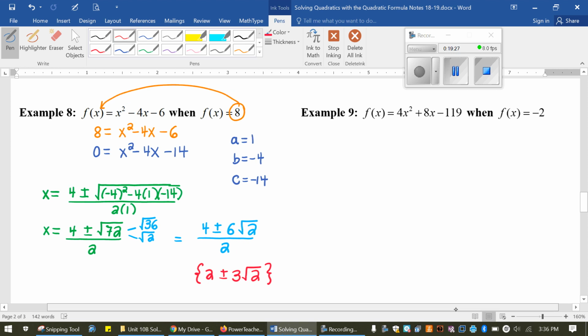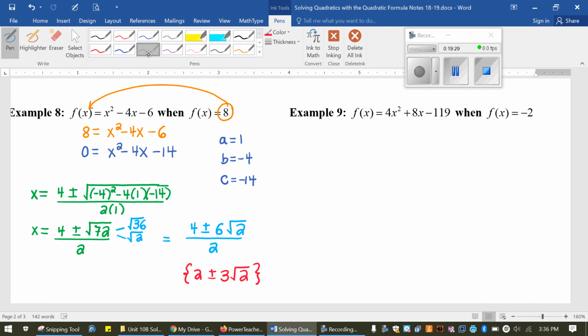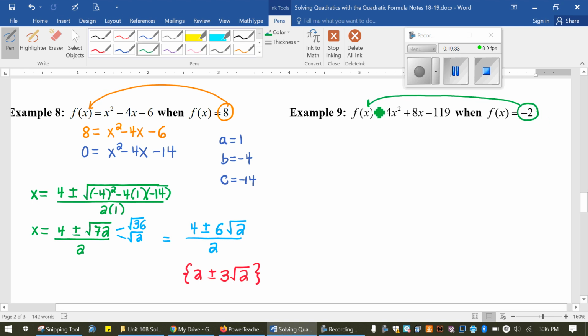All right, last one. We're going to take the -2, and we're substituting it in for f of x. All right, then we're going to add 2 to both sides to get this into standard form.